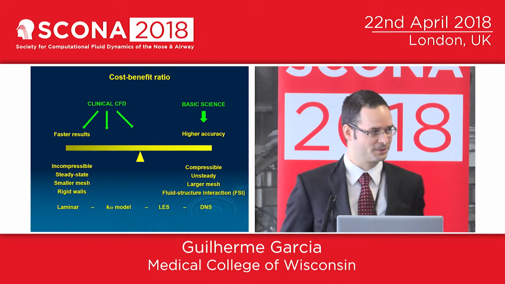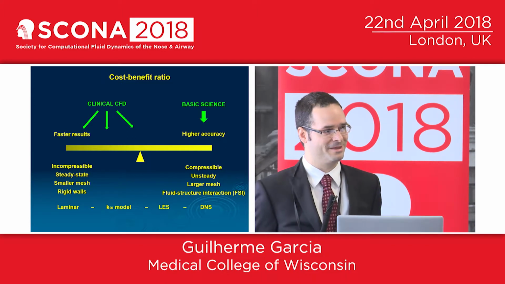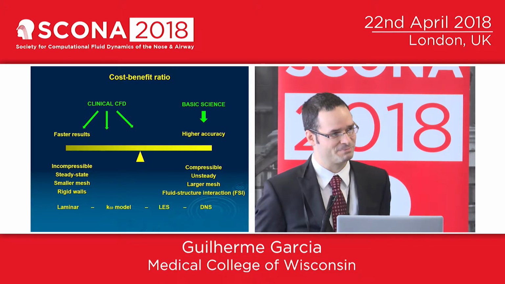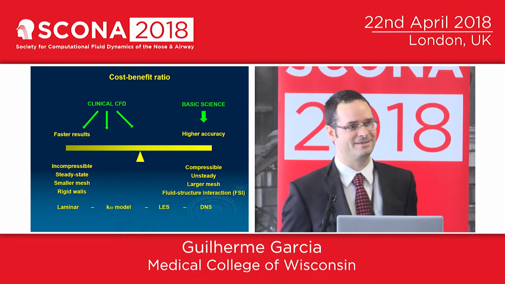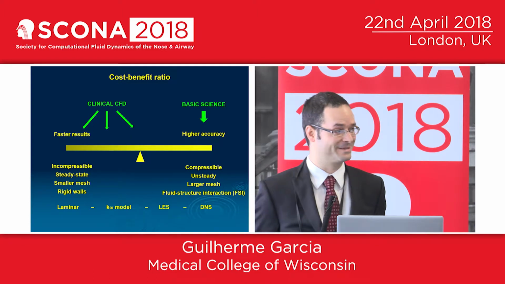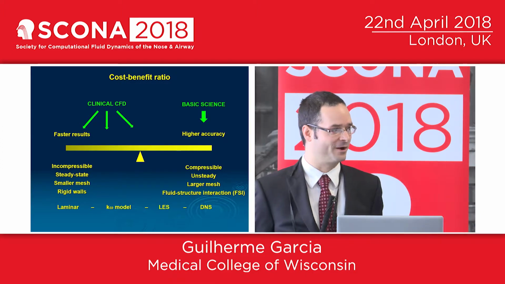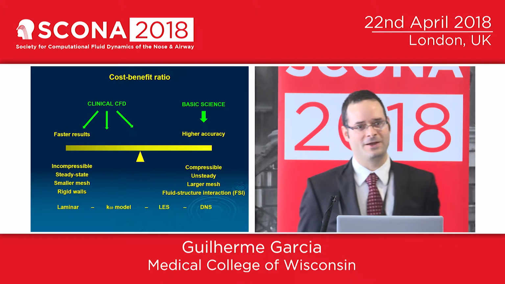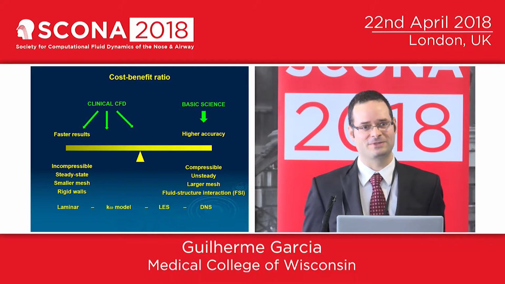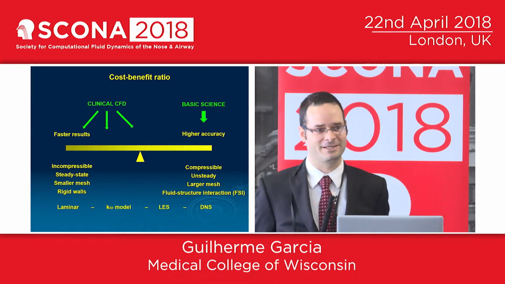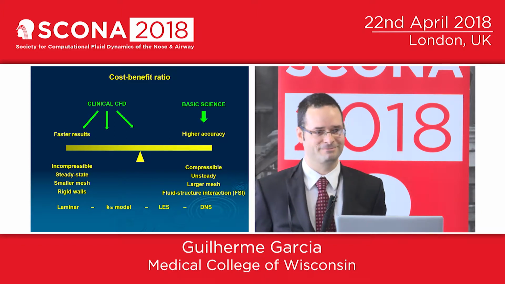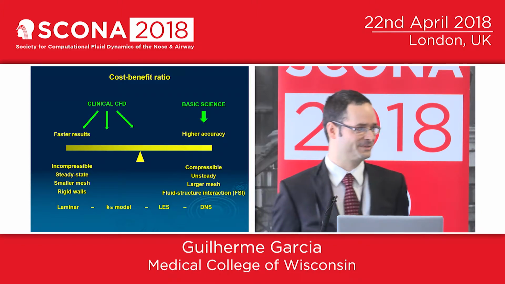So Dr. Durley said that patient-specific modeling is challenging, and I agree that if you want to know the exact truth of what the flow is in that patient, it's hard. But when I talk to doctors, they're usually interested in, if I reduce the turbinate by 2 millimeters, is that going to help the patient?